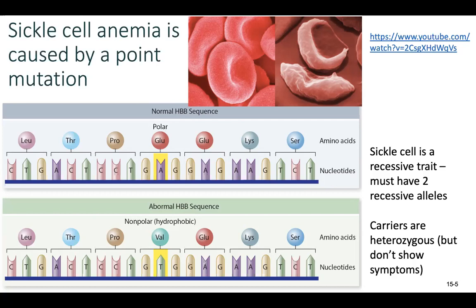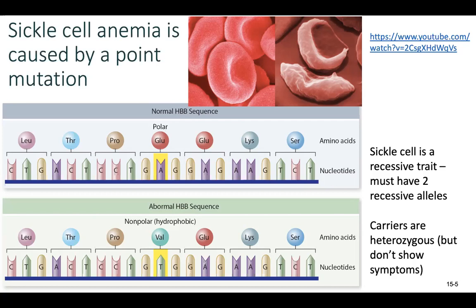I think that's the amino acid. In the sickle cell or abnormal HBB sequence, instead of that A, you have a T. So a T gets inserted instead of an A. That codes for a different amino acid, valine. That's all that causes sickle cell anemia, but the effects are wide-ranging in a person's body, even though there's just the one base pair substitution.